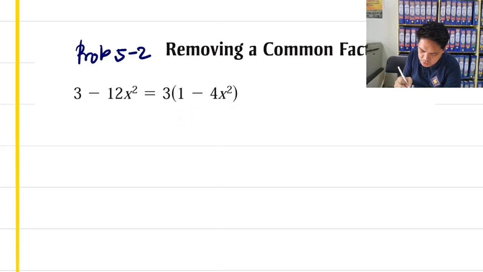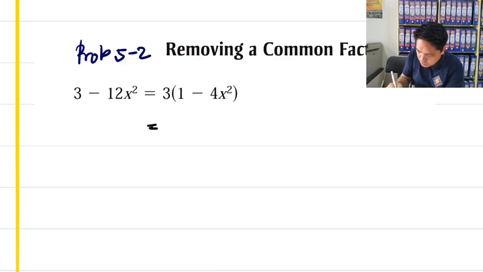If you notice, 1 is a perfect square, right? Because 1 is the square of 1. 4x squared is also a perfect square because 4x squared is the square of 2x. If you square 2x, the result is 4x squared. Okay? Let's write it here.